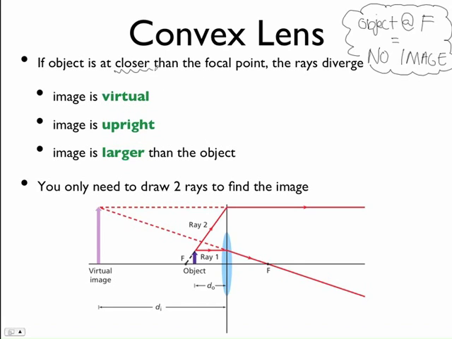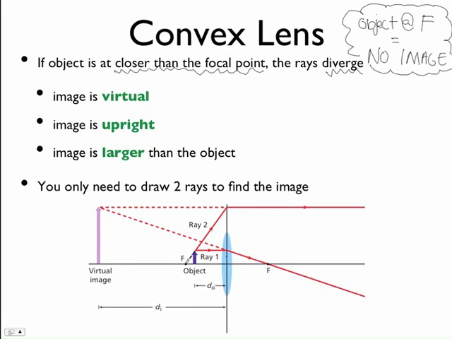So now we have closer than the focal point. This is going to cause the rays to diverge. So you see this object, he's small now, and he's closer than the focal point. To do this, you're going to make that horizontal line, and you're going to send it through the focal point on the other side, and then you're going to do like dotted lines back, okay?